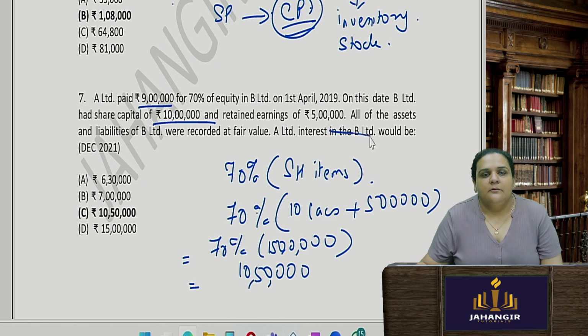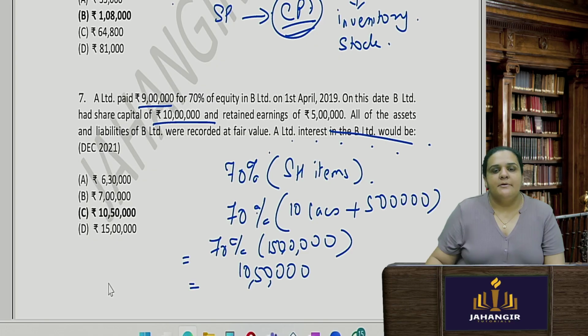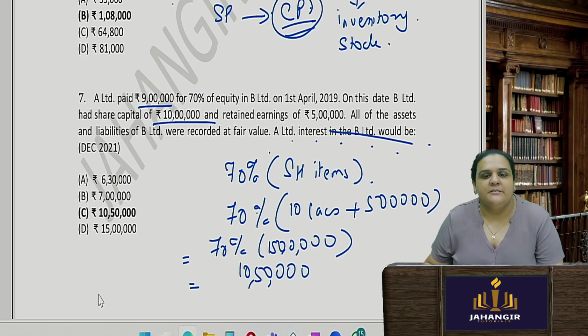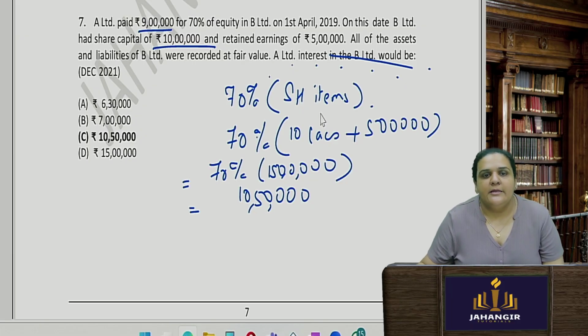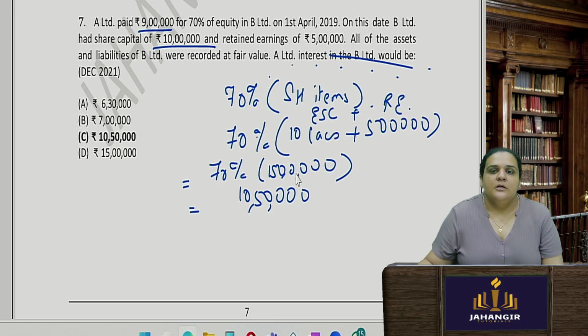Okay, they are asking A Limited's interest in B Limited will be to the extent of 70% of the shareholders' items, which is coming at 10 lakh 50,000. There are only two shareholders' items, equity share capital plus retained earnings. That's all. So I added and I took 70%. Now if they would have told me cost of control, fine.